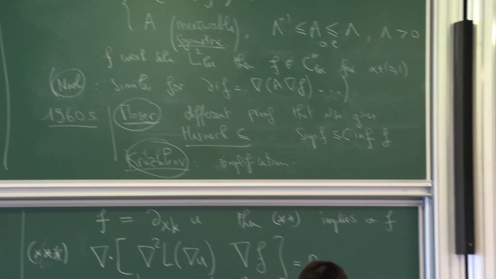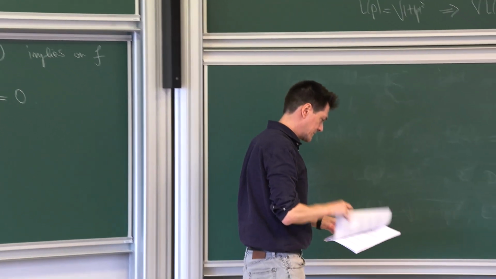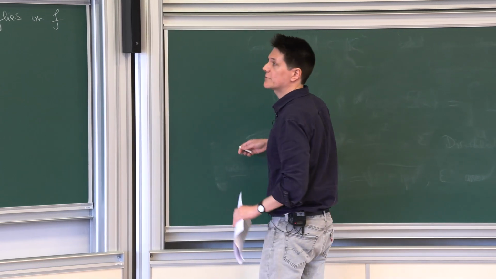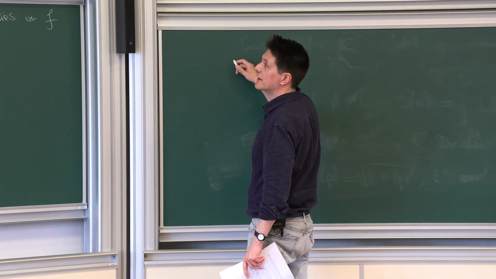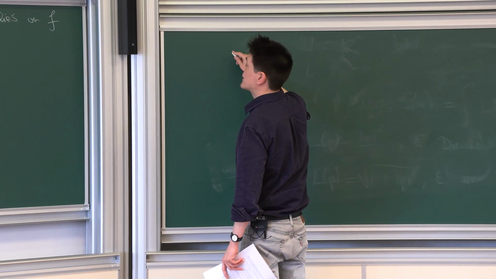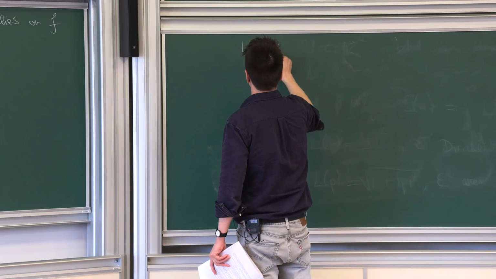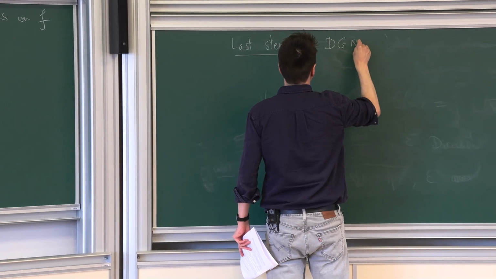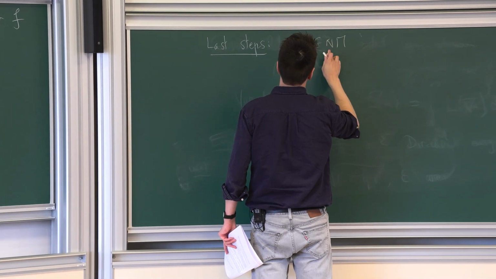Okay, so just a point of terminology. The last steps are usually referred to as the De Giorgi-Nash-Moser theory, sometimes the De Giorgi-Nash.